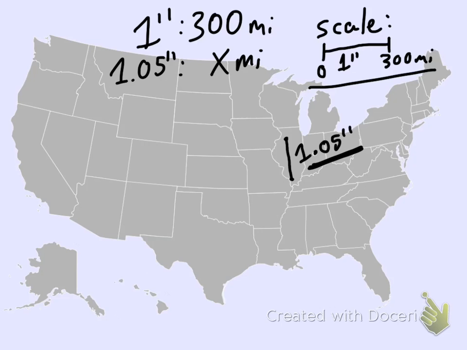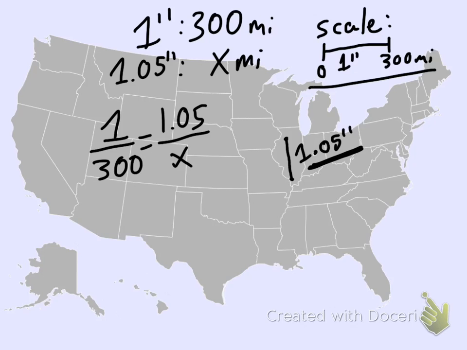So what we're going to do now is create a proportion. We're going to have 1 over 300 equals 1.05 over x. And note, there's a reason that the 1 and the 1.05 are together, and the 300 and the x are together.